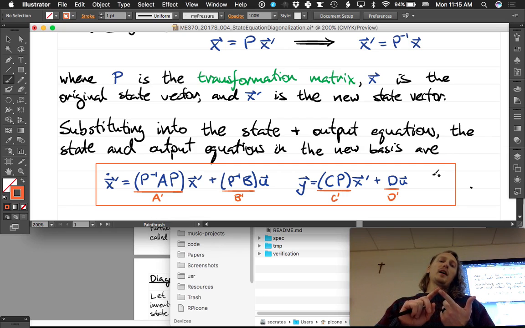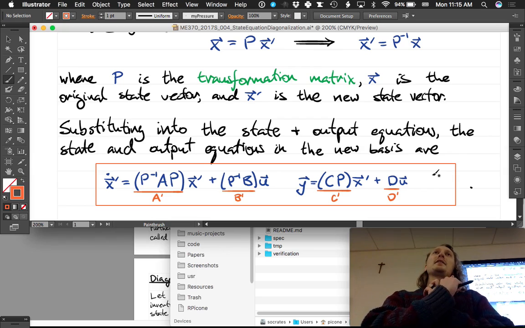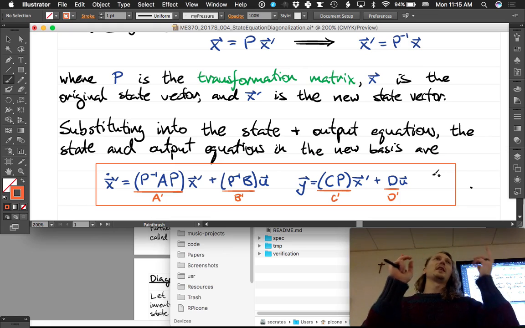So for instance, if we started out and the two state variables were, say, the velocity of a mass and the force in a spring. So say it was like a spring mass damper system.